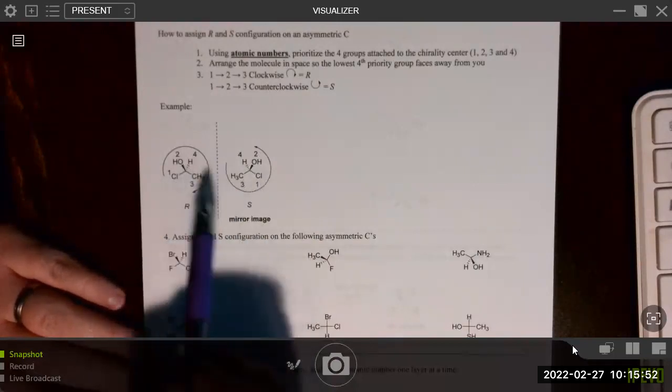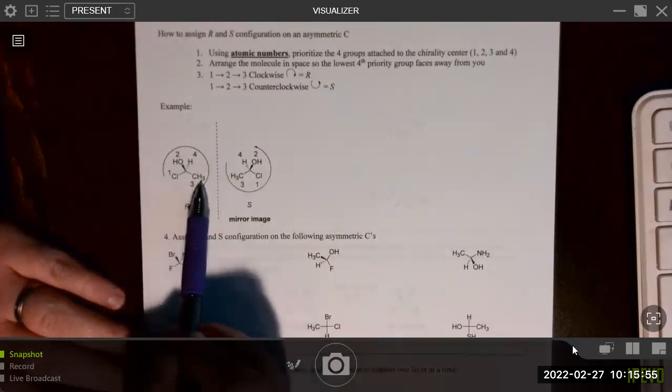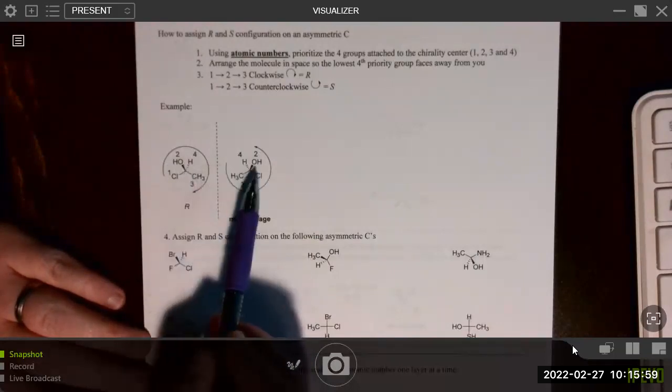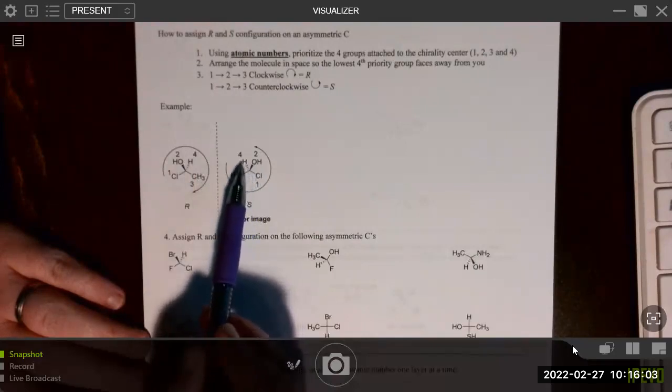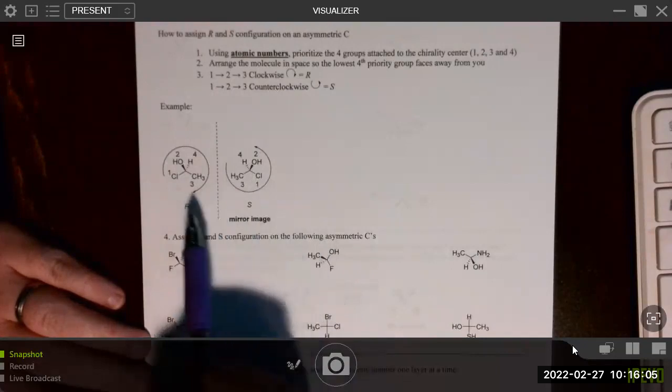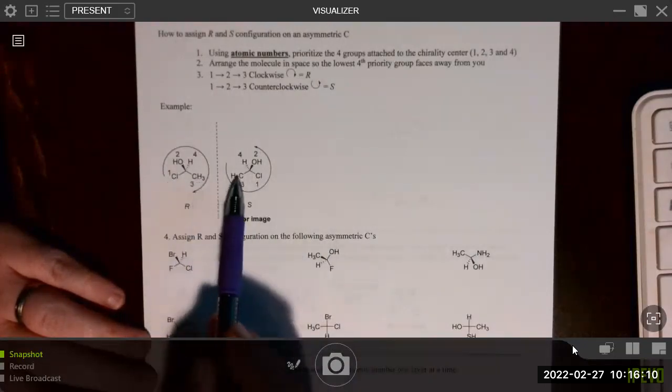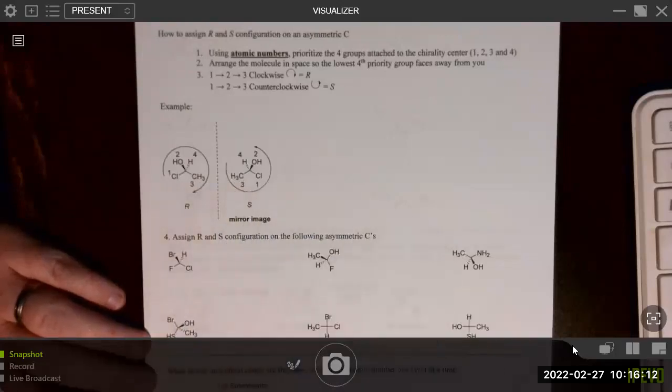You can tell they're enantiomers because we've just switched the chlorine and the methyl and left the OH and the hydrogen the same. You can see that they're drawn on opposite sides, but the OH is still on a wedge and the hydrogen is still on a dash. So the only ones that have been changed are the chlorine and the methyl. So that should generate the enantiomer.